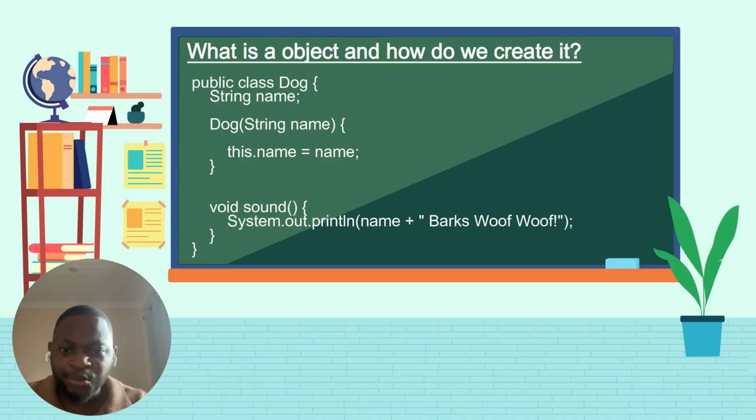Thirdly, we have the sound, which is the method, what we want the dog to do. What sound does the dog do? It would bark. So the class is like the blueprint of what we expect the dog to do and the characteristics that the dog should have. I'll show an example of how we can create an object from this class on the next slide.